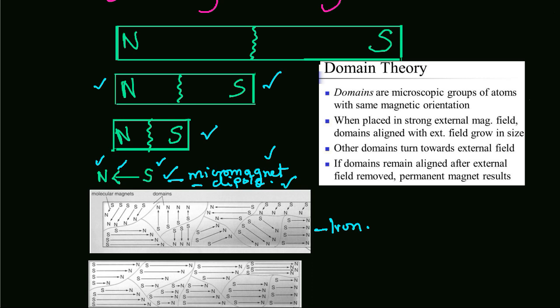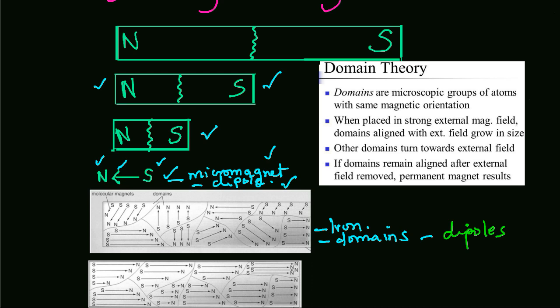The dipoles are arranged in a regular manner within small subdivisions known as domains. So within the domains we have dipoles. For an unmagnetized material, the arrangement within a particular domain is regular.